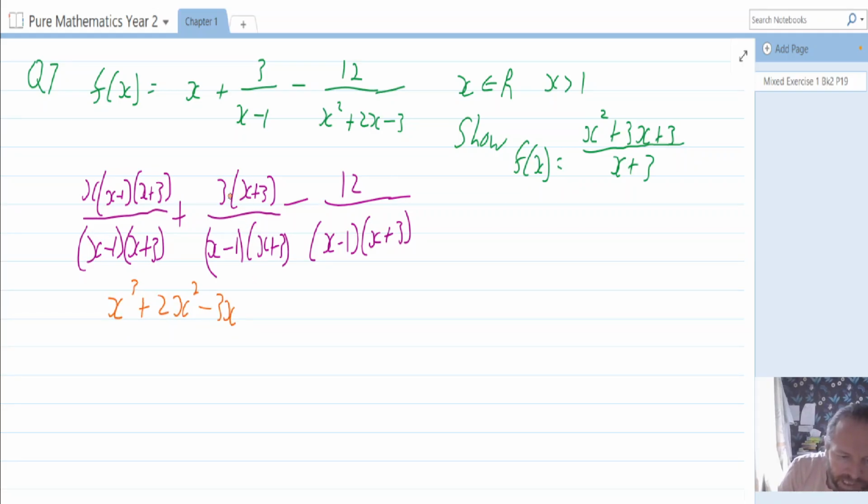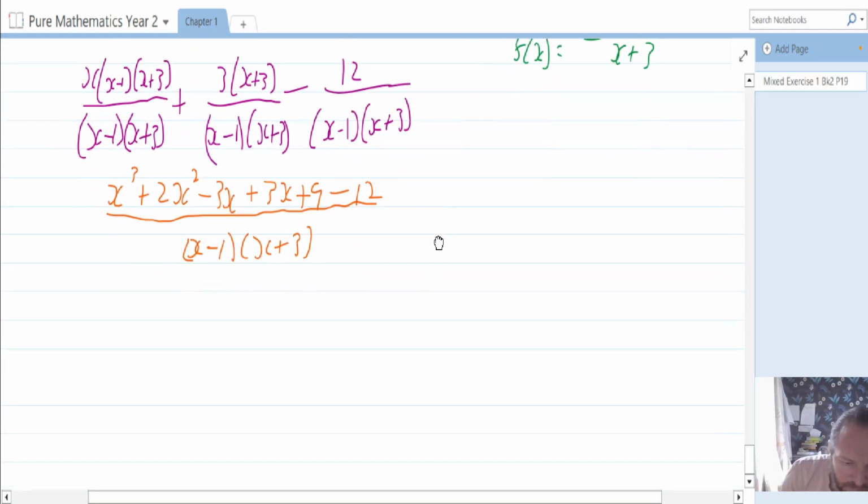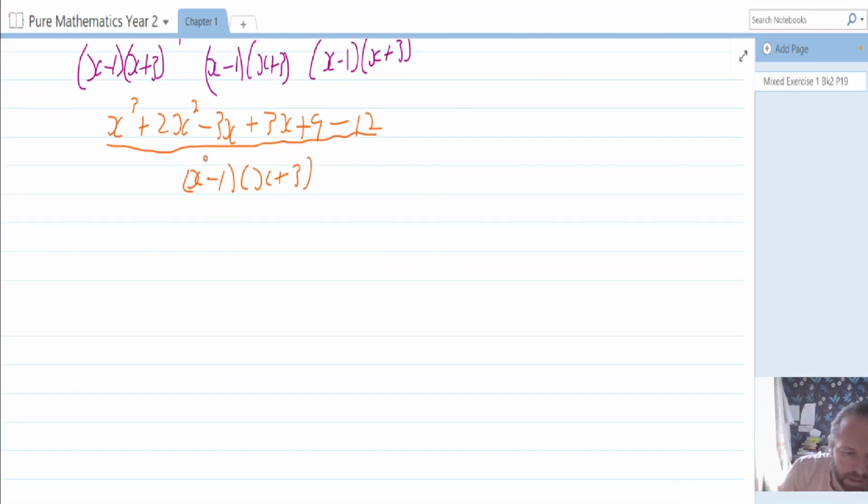Now multiplying out this one, so that's plus 3x plus 9, and now take away a 12, and that's all over x minus 1, x plus 3. Okay, let's tidy this up, collect all of our like terms.